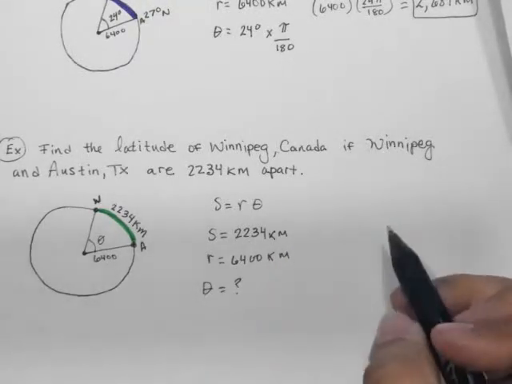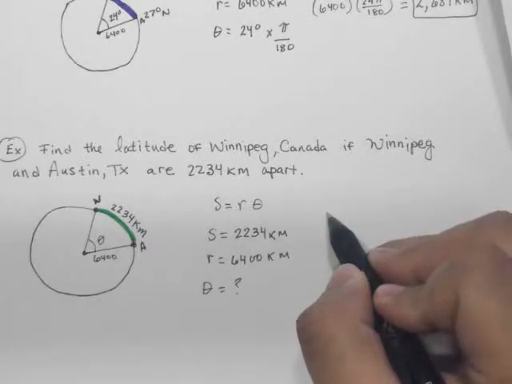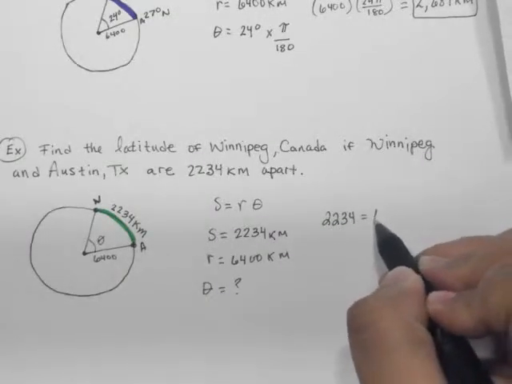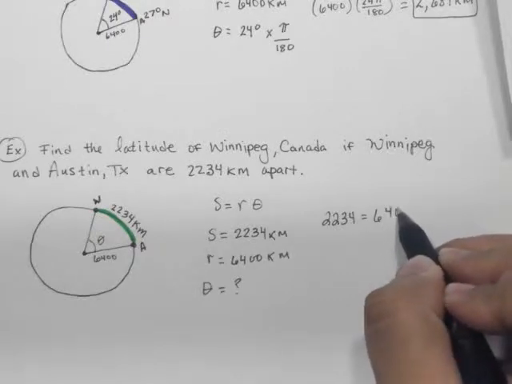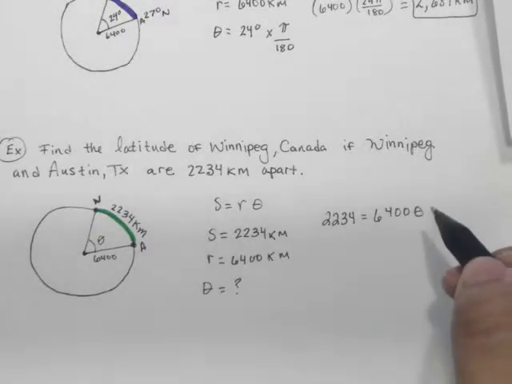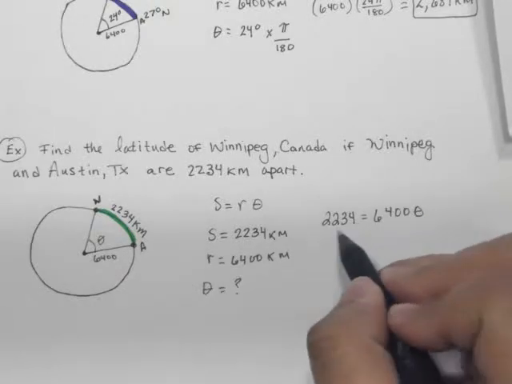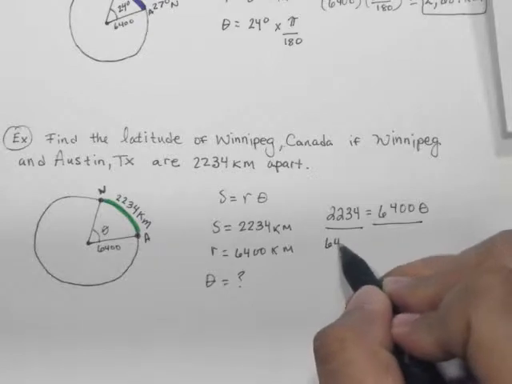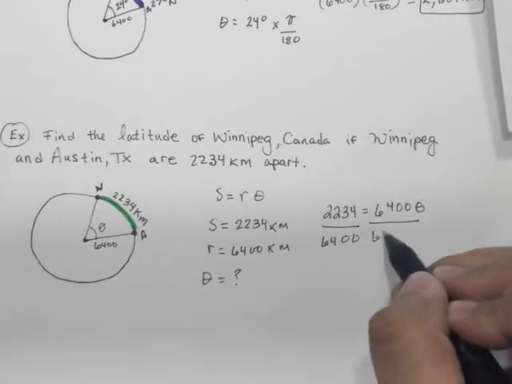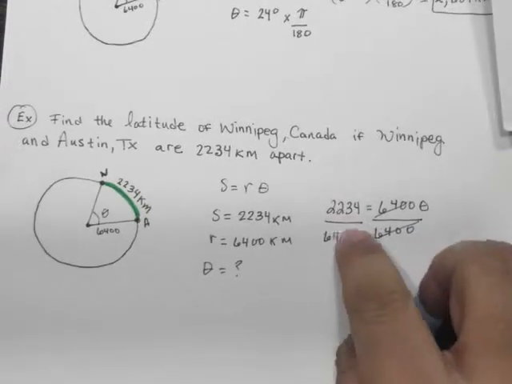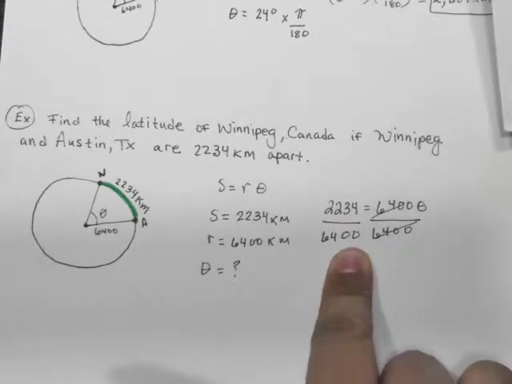So we're going to say 2,234 must equal 6,400 times theta. So we will divide both sides by 6,400, and this will isolate our theta. Now in this case though, whatever we get here is in terms of radians.